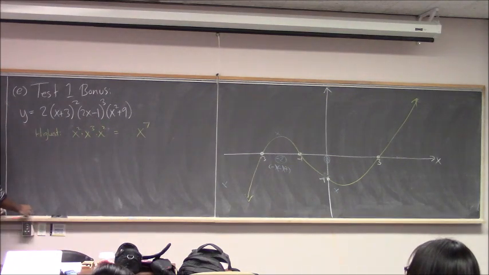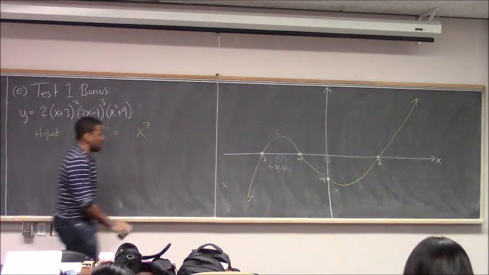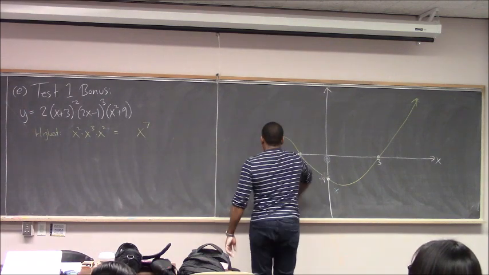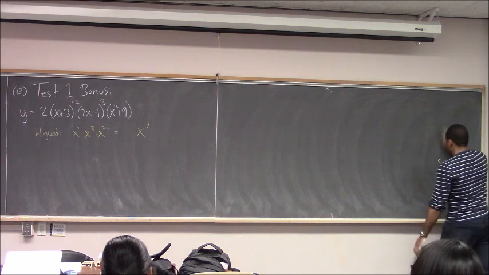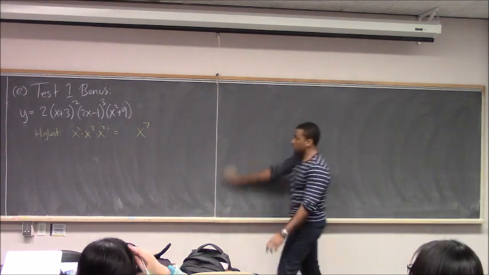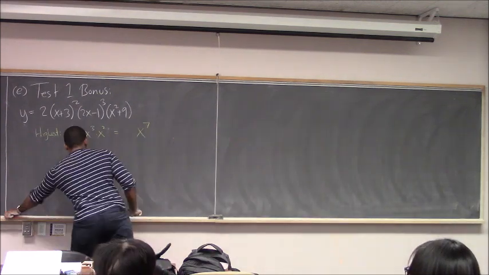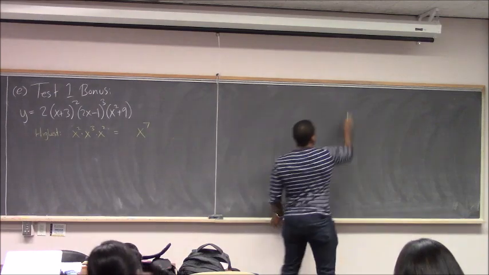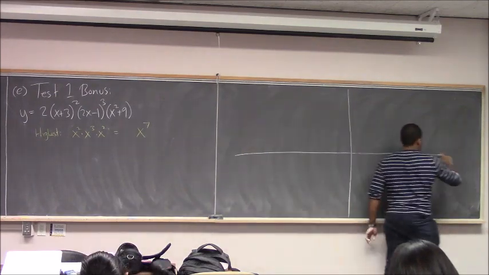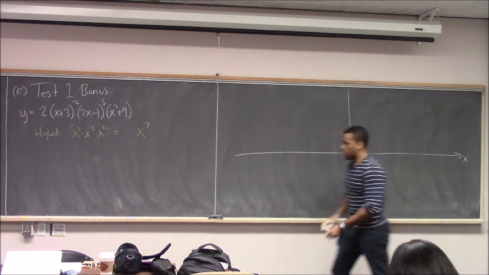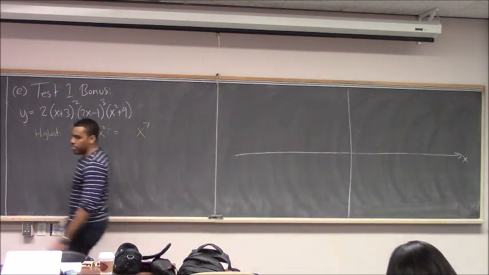Now, once I know it's an x to the 7th, I automatically know what the end behavior is. So let me start writing that in. Once I realize I'm looking at an x to the 7th graph, aha!